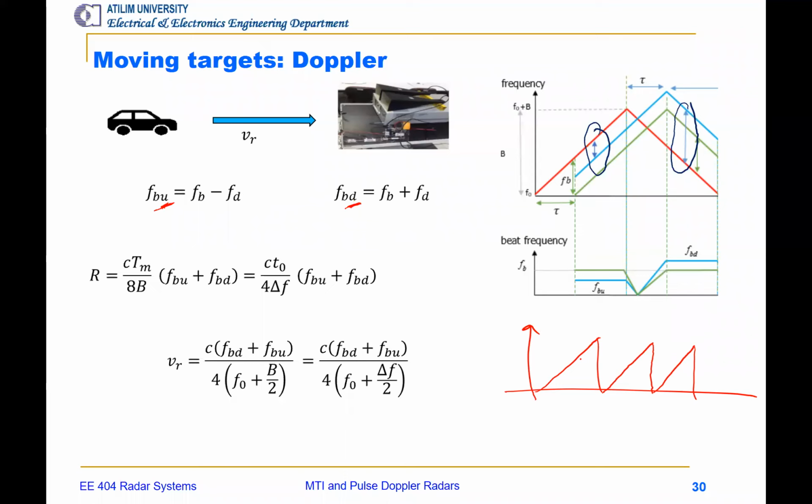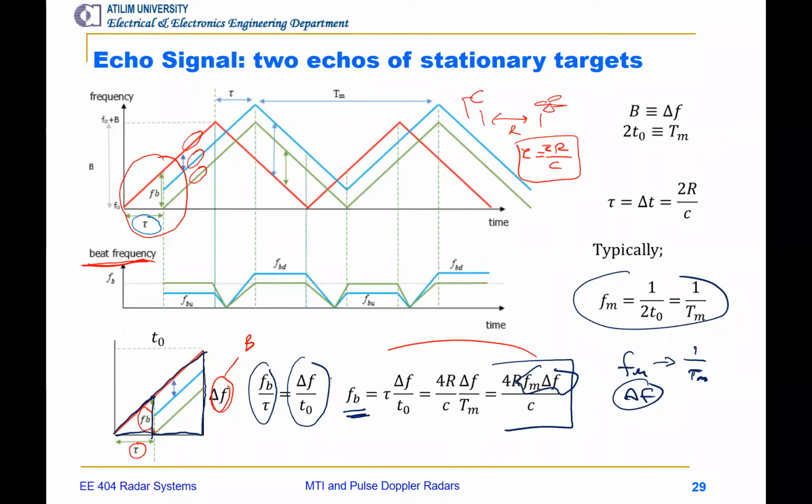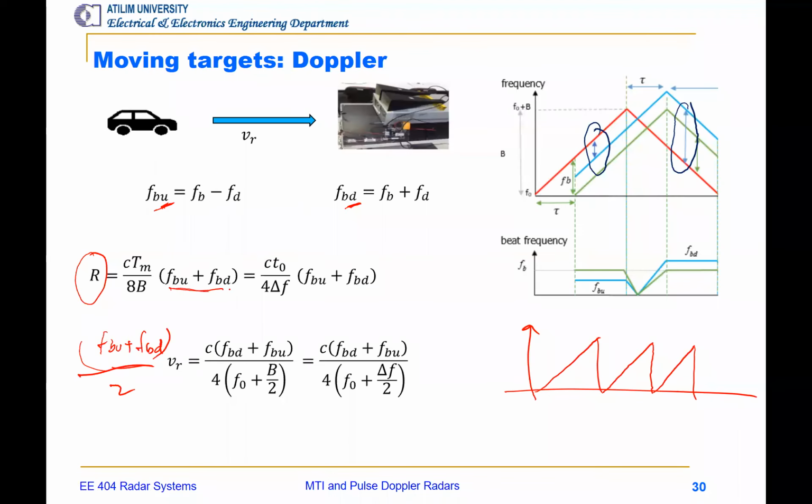Okay, so what will be the range? Then the range is going to be the average of these two, so simply (FBU + FBD) divided by 2. So I just rewrite this equation by replacing the bit frequency by the average of the up and down bit frequencies, and then determine the range.